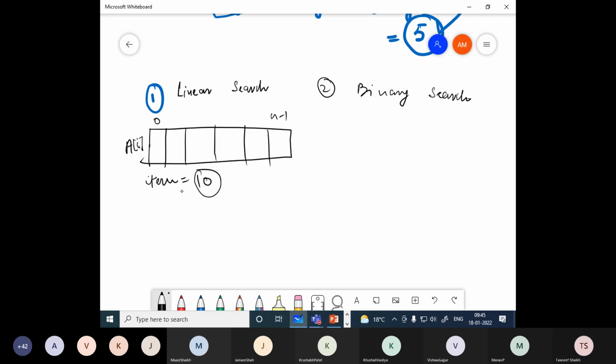In linear search, what is our goal? We compare this item with every element inside this array.